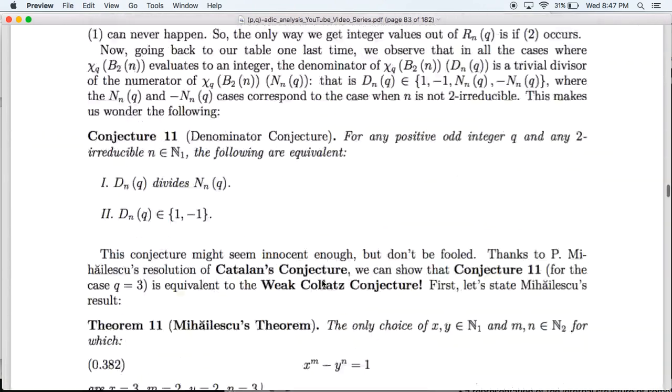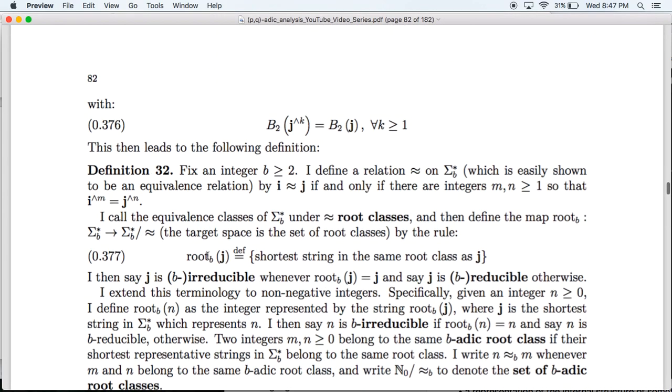We're going to define the root b of j: it's the shortest string which has the same root class as j. I then say j is b irreducible whenever j is its own root, and say that j is b reducible otherwise. By our identification of strings with integers, I extend this terminology to non-negative integers.